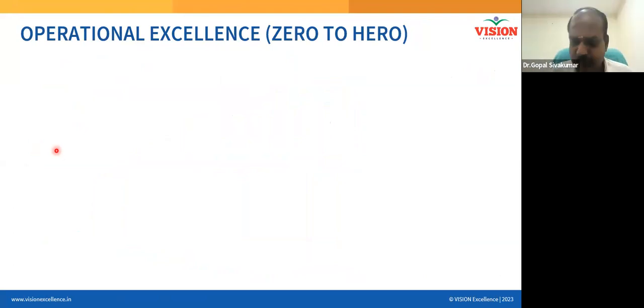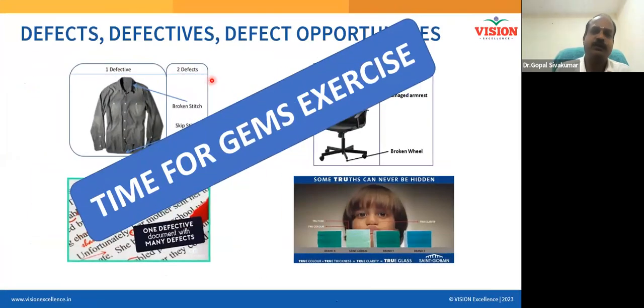Now I want to do a small exercise with all of you so that I can also test whether you have all understood correctly. So let's do a small exercise right now to understand whether the concept of DPMO is received clearly. Hope you were all advised to buy a 5 rupees GEMS chocolate pack. Am I right?